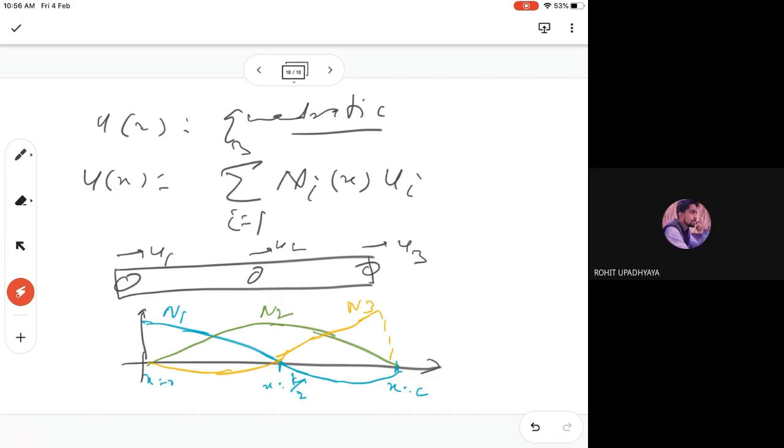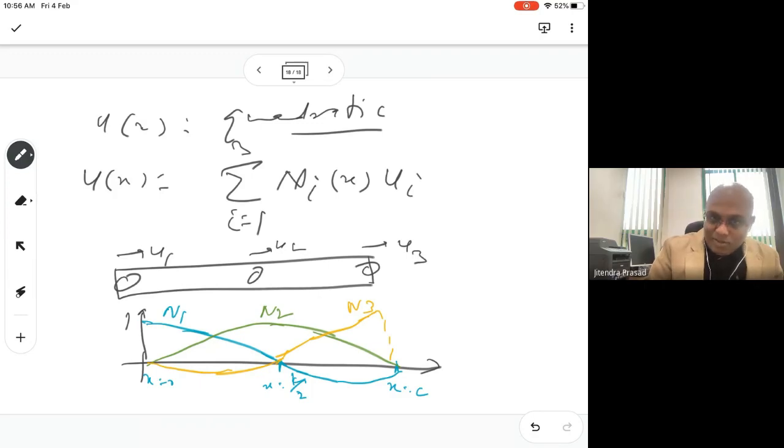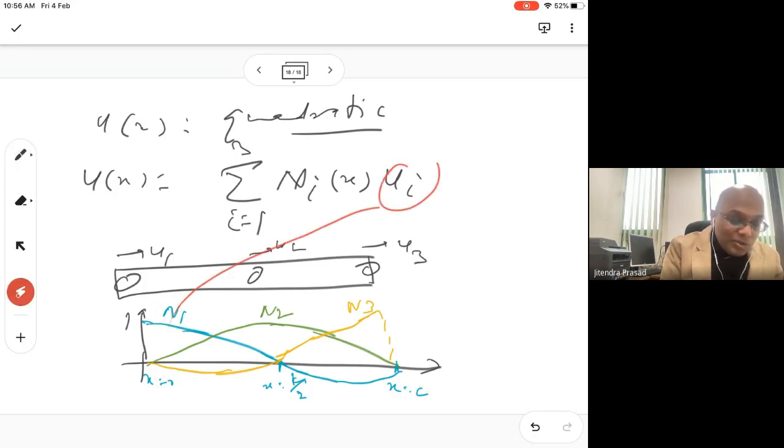Sir, one thing I'm curious about: the functions we have taken, n1, n2 and n3. At x equal to 0, n1 has some value. Are these functions predefined? Can we interchange n1 with n3 and still get the same answer, or take some other functions? No. They have some properties, so we will see that. n1 multiplies u1, right?